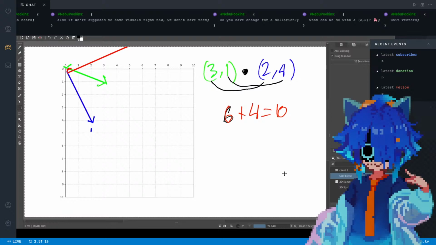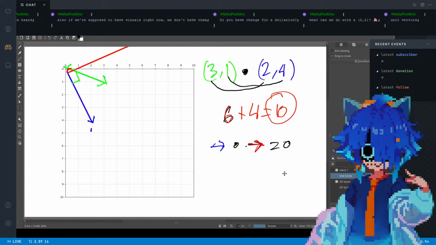So what the heck does this 10 mean? Well, this 10 is a measure of how much these two vectors are pointing in the same direction. If two vectors happen to be pointing perfectly perpendicular to each other, the dot product of the blue vector dotted with the red vector will equal 0.